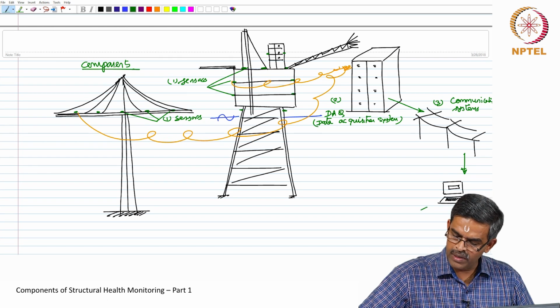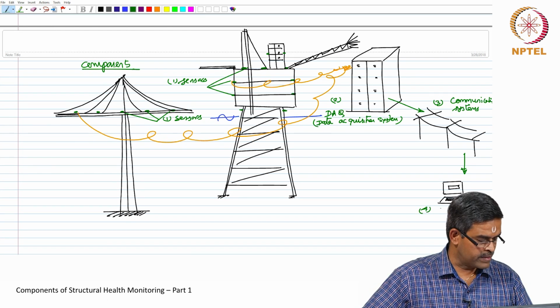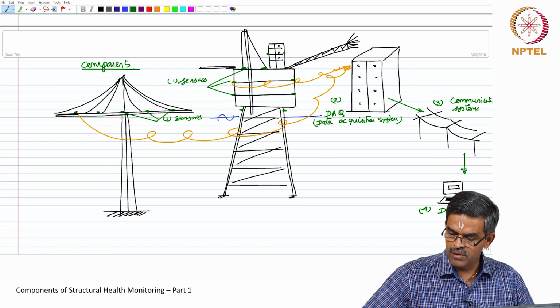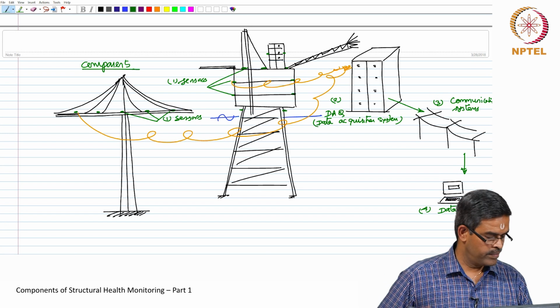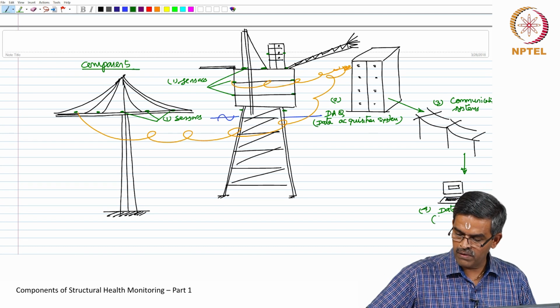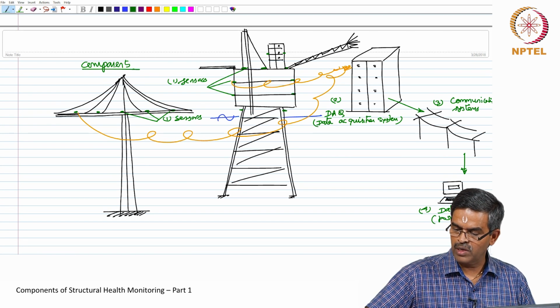We call this component as the fourth level component, which is data processing, which otherwise commonly known as post processing.